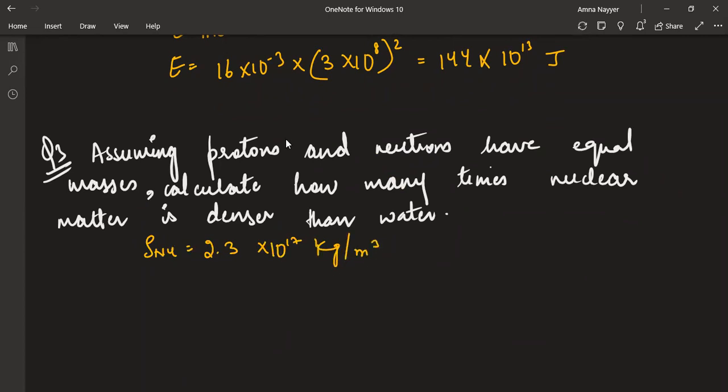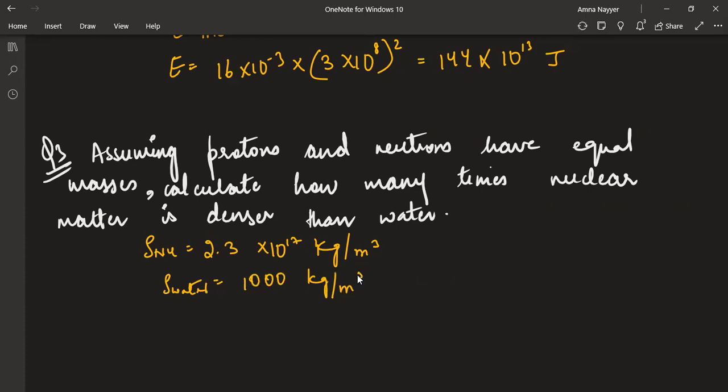And what is the density of water, class, in SI unit? It's actually 997, so we take it as 1000 kg per meter cube. 1 gram per ml in CGS, and in SI unit, 1000 kg per meter cube.